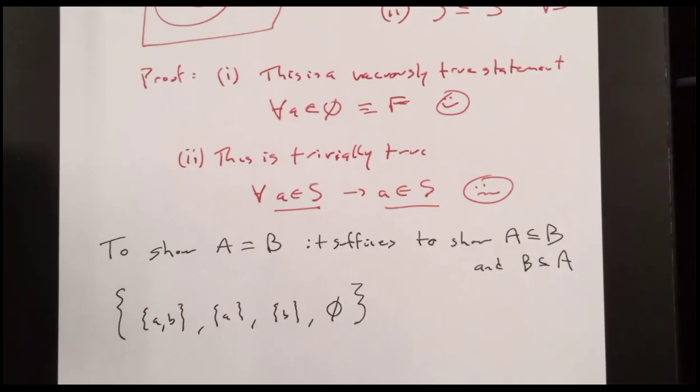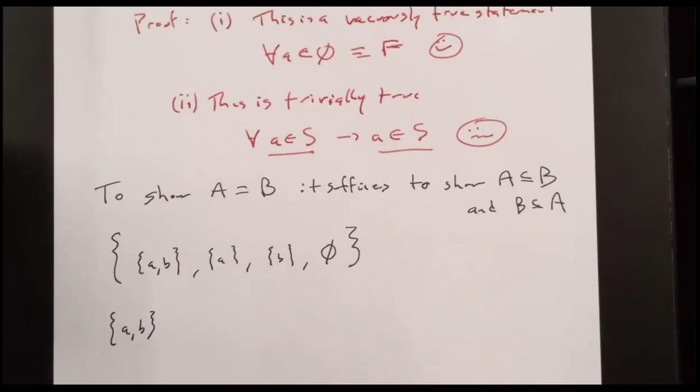It contains an empty set. It contains a set with the letter A in it. It contains a set with the letter B in it. And it contains a set with both the letter A and the letter B in it. So this is a set with 4 distinct items in it. I did not pull this set out of thin air. Consider just this first piece, the set AB.